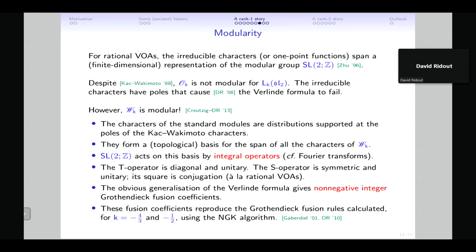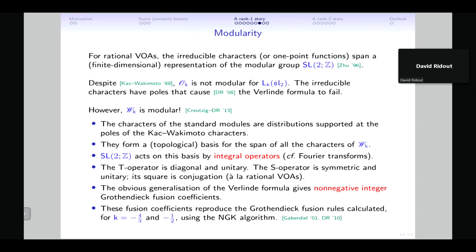But I claim that the weight category is modular, in the sense that we have infinitely many irreducibles and non-semi-simple things galore, but nevertheless it is modular, right? So if you write down the characters of these standard modules, it turns out that these can be written in terms of distributions which are supported precisely at the poles of the highest weight characters.